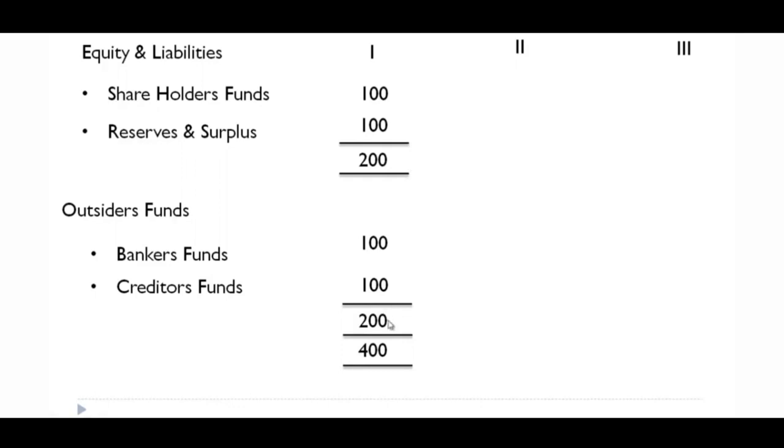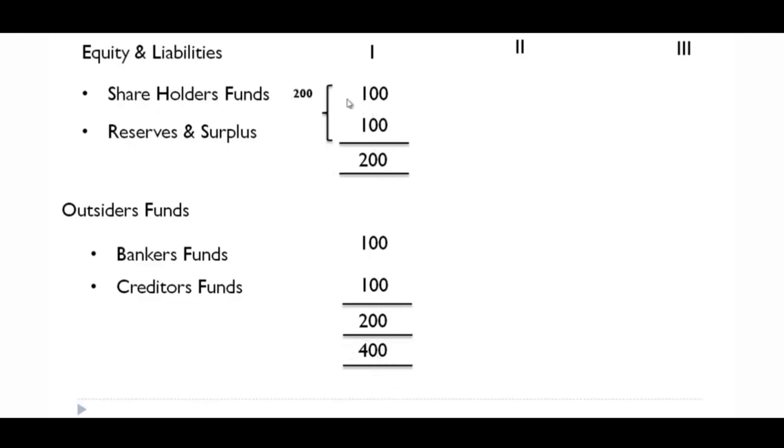Now we have to understand the long-term stability of the business. By looking at this, is it possible for us to understand that? Yes. Come to this point: we have shareholder funds and reserves and surplus, so these two are 200, right? This 200 is out of this 400.